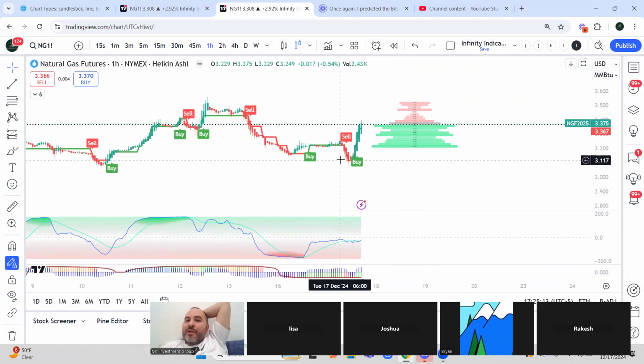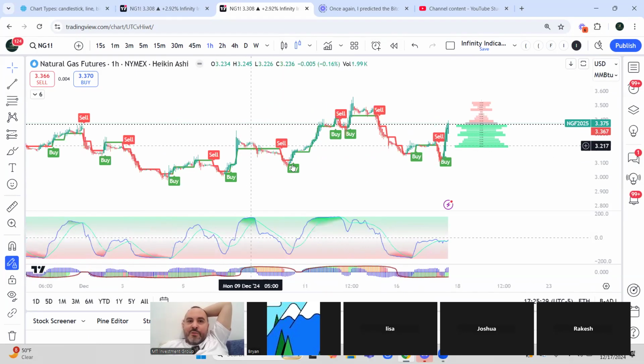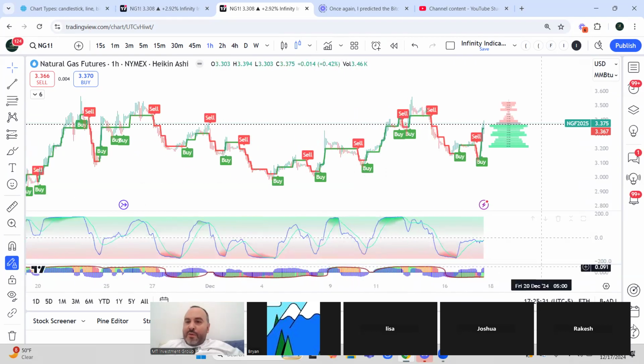There was a ton of order volume down here. So I kind of knew. I think I called it out on the 17th. You guys can correct me, maybe. Wait, no, it was before. It was this, because it was after this huge drop.